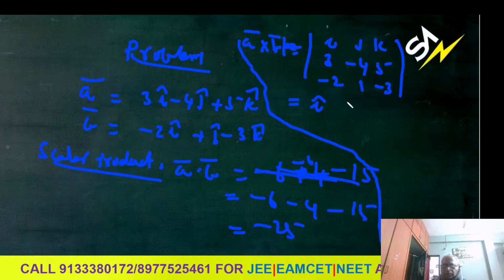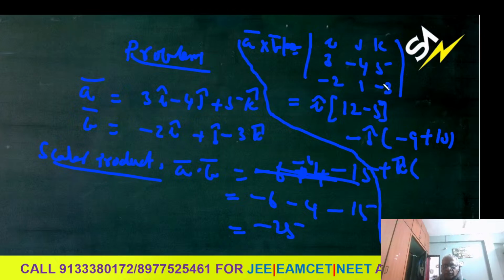For i, close the first row and first column. Then you have minus 4, 5 and minus 3. Multiply this way: minus 4 into minus 3 is 12, minus 5, gives 7. Then minus j: first row, second column, 3 into minus 3 is minus 9, 5 into minus 2 is minus 10, minus of minus, which becomes plus 10... Plus k into first row, last column: 3 into 1 is 3, minus of minus 2 is plus, minus 8.